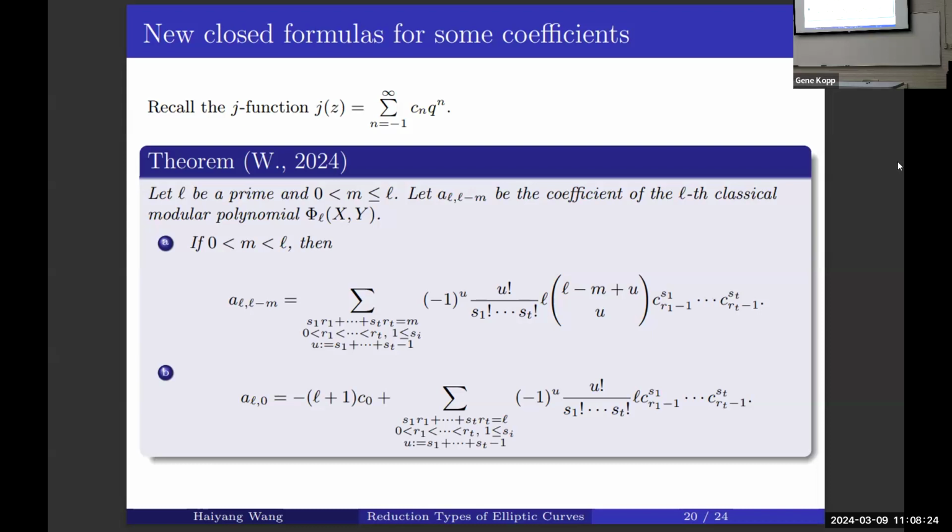And we also have a formula for a_{L,0}. Note that in part A, if we take m equal to L, then we get this piece. But for a_{L,0}, there's an extra initial term. As far as I know, this formula was not in the literature.